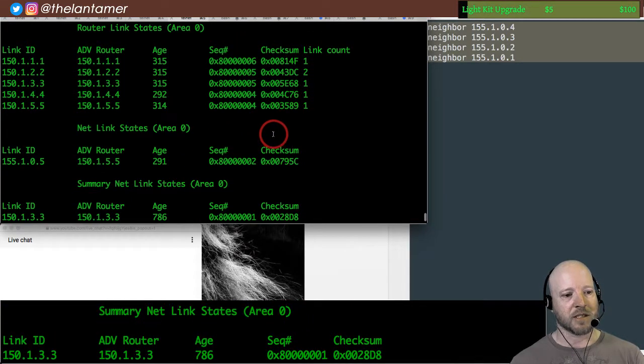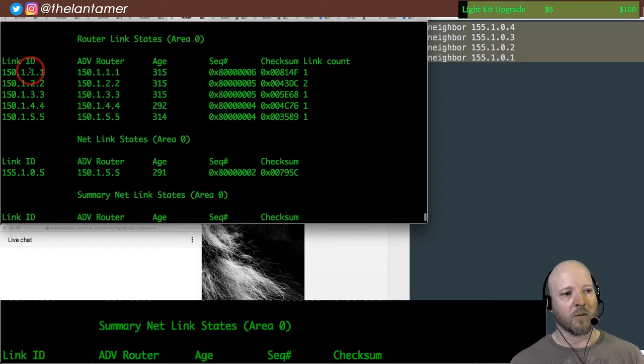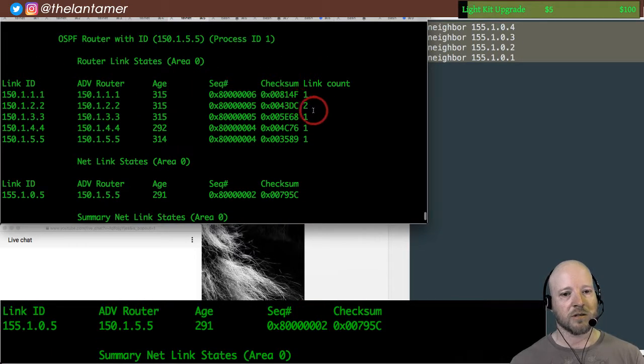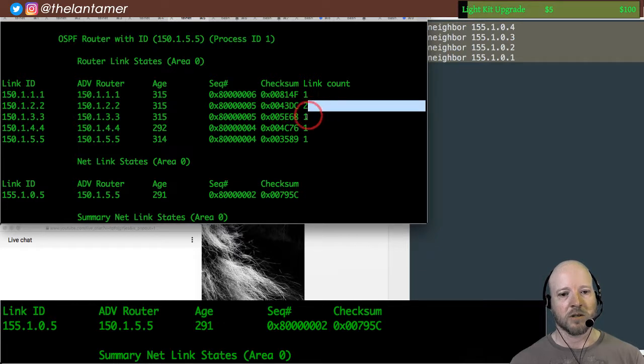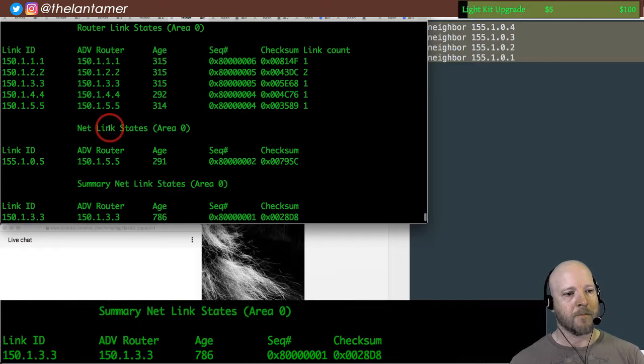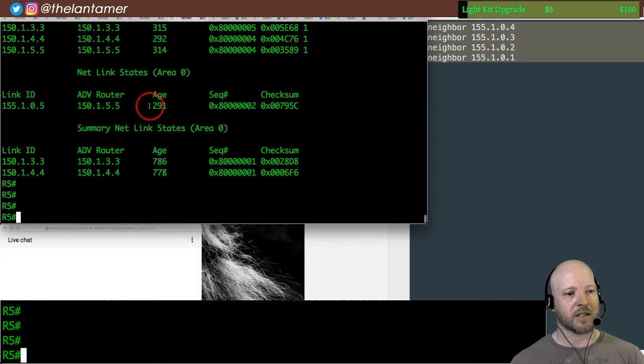But as we would expect, we have our router, our type 1s, with the link counts here. I'm not sure why this has link counts of 2. And then we have network link states, 155.105, summary network. So this is because we don't know the area. We don't care, right? All we see is that this is in another area, but that we reach these through area 0 on this router.